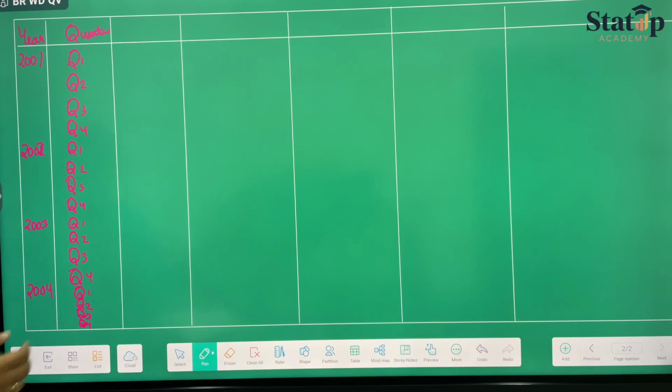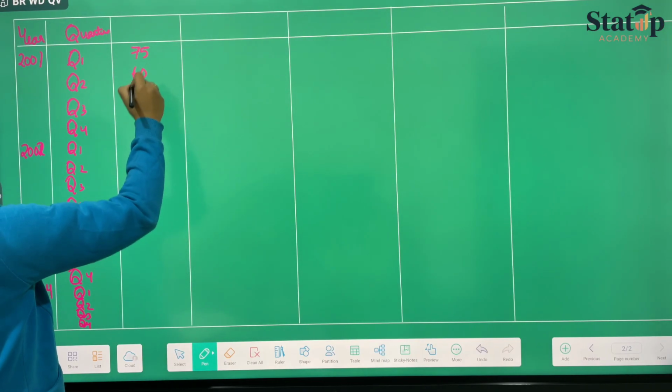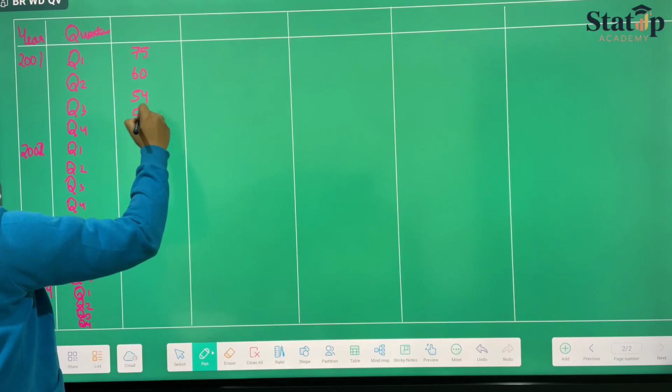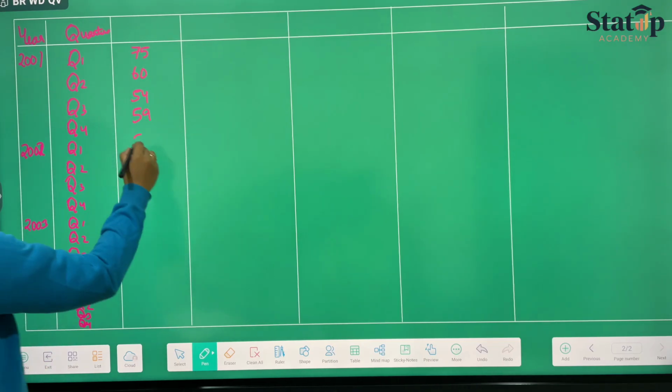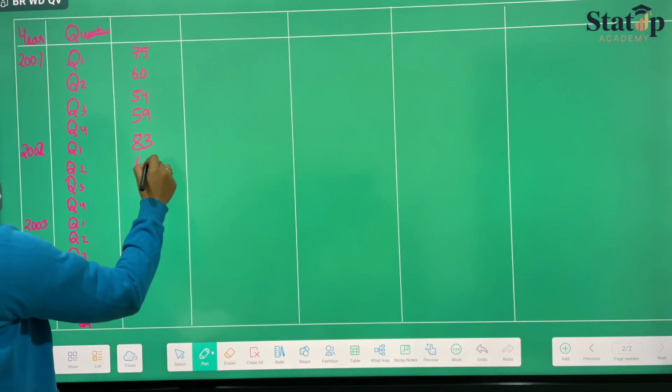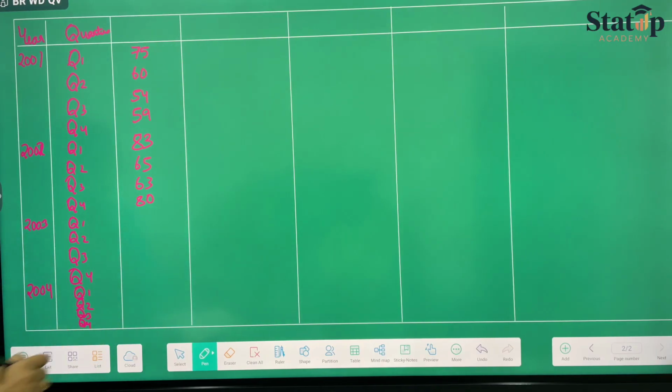So there are 16 values, and the 16 values are 75, 60, 54, 59, 86, 65, 63, 80, 90, 72, 66, 85.